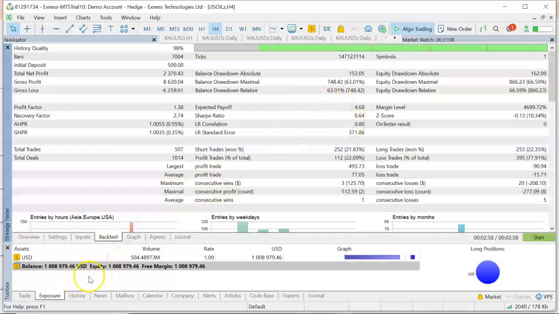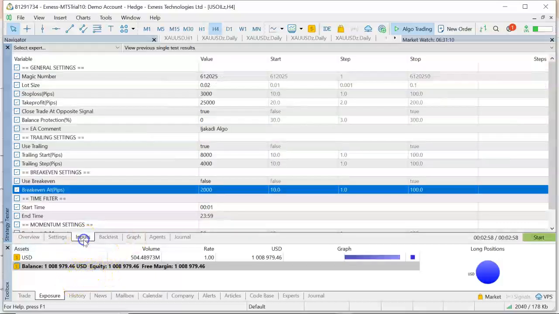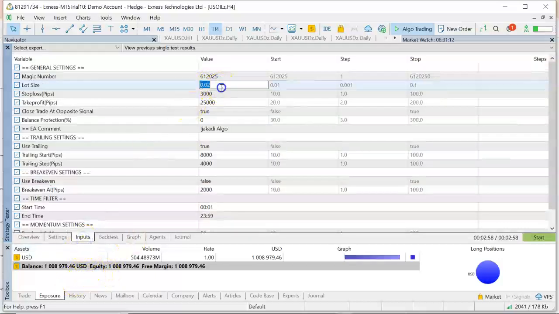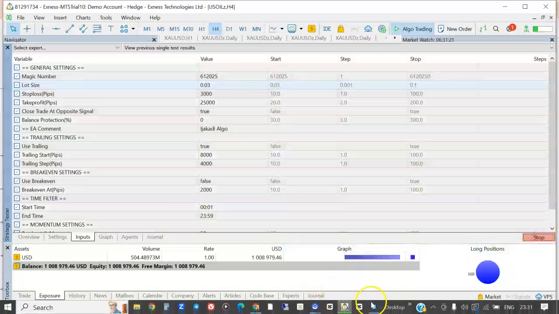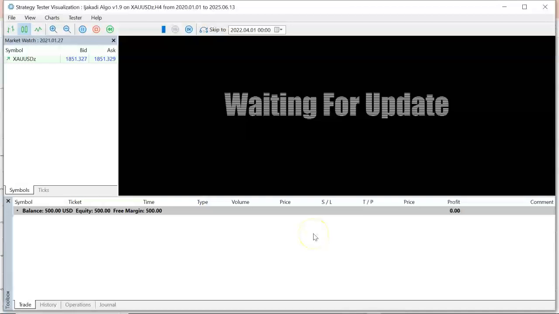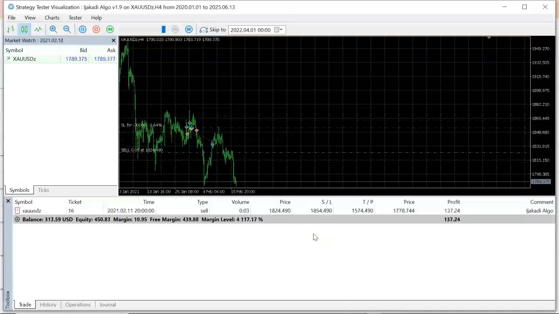Now let us even go extreme. Let's try 0.03 lots and see how far that's going to take us. Let's say the worst case scenario. Let's see if the account is going to be liquidated or not with 0.03 on that account.